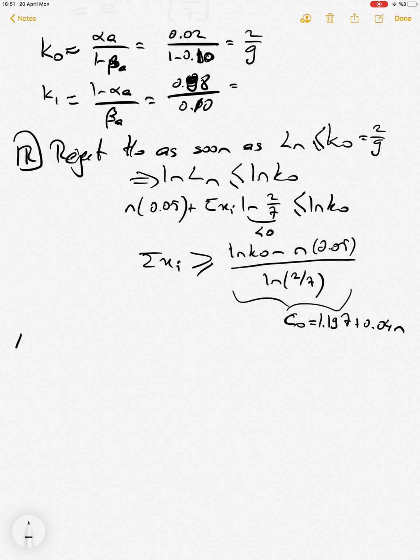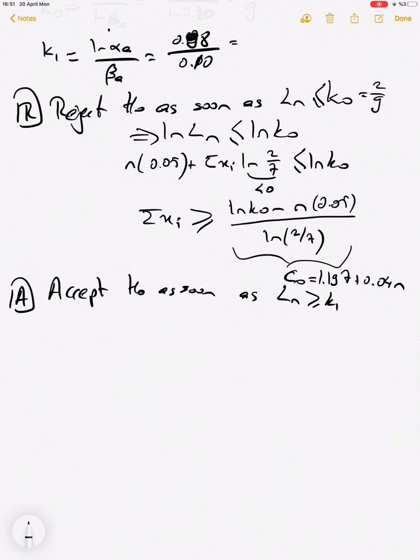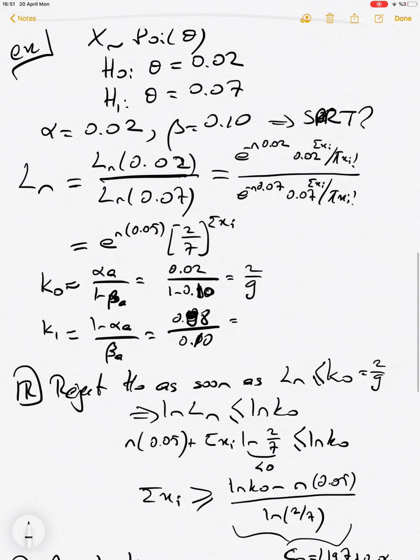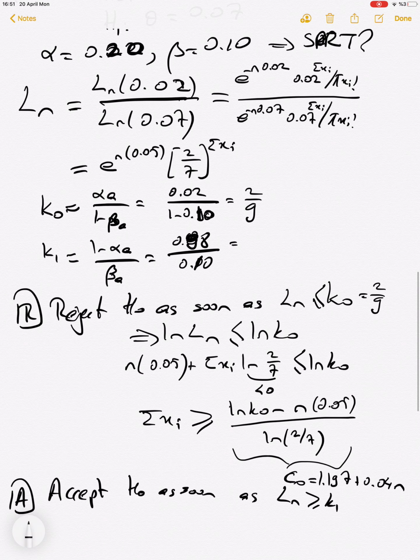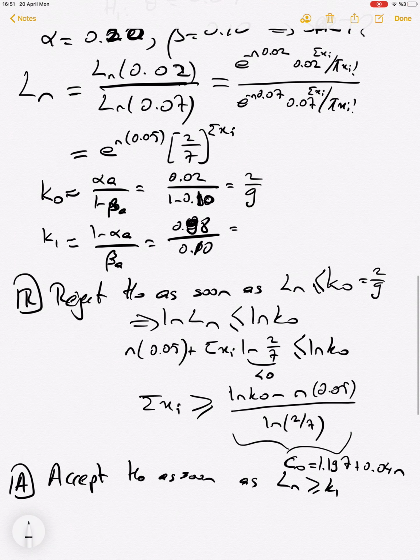Then the accept region: accept H0 as soon as L sub n is greater than or equal to k1. We already calculated k1, but my calculation was off, so let me correct it. Let's write it 0.20, so this is now correct.